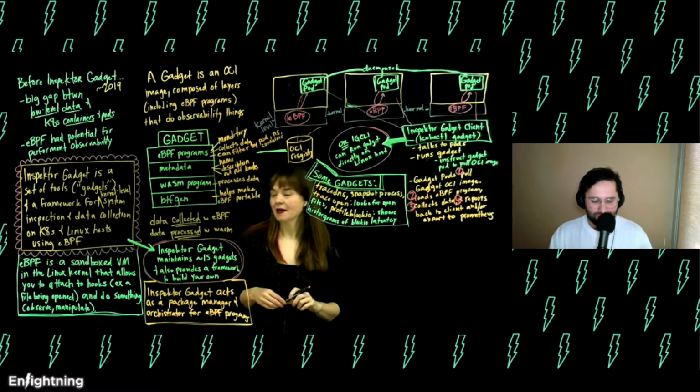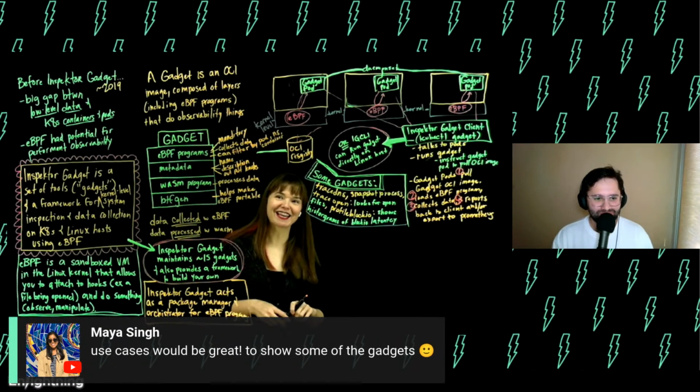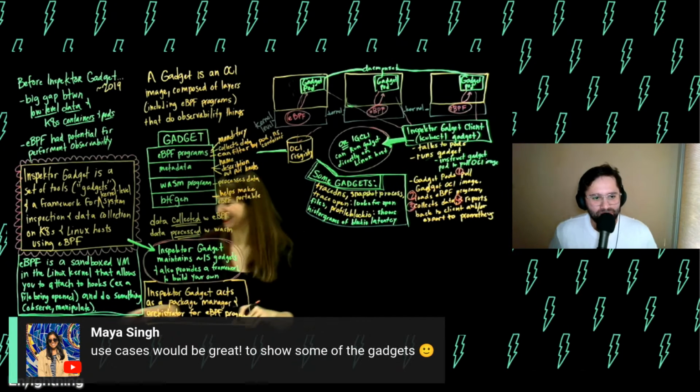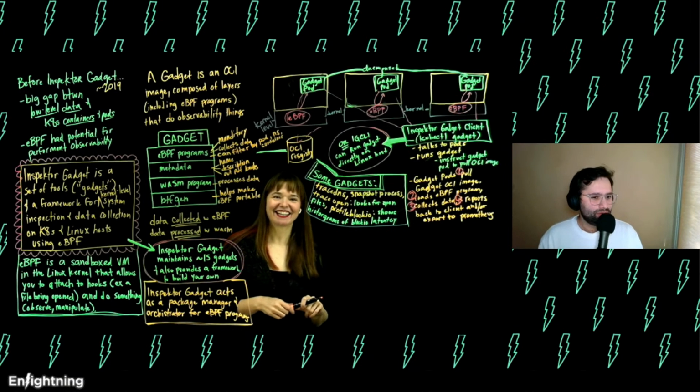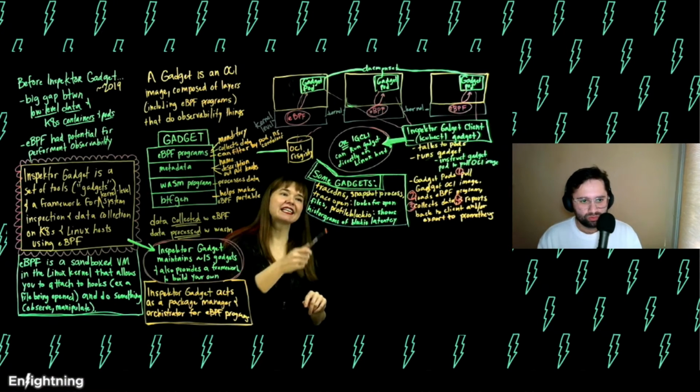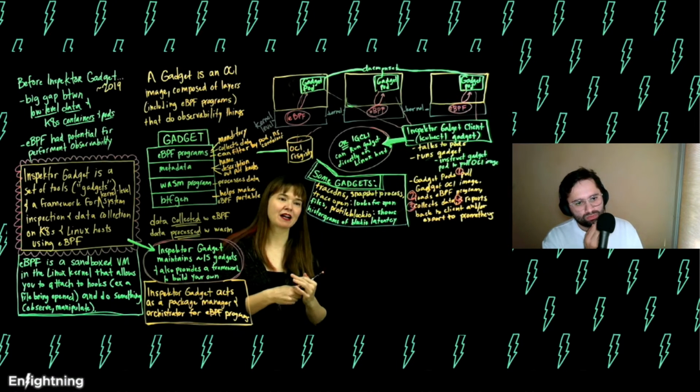Awesome. Maya says they would like to hear about some use cases. I think we did cover some with these gadgets, right? We covered trace DNS, snapshot process, trace open, which looks for open files, and profile block IO, which shows histograms of block IO latency. Do you think this counts as use cases?